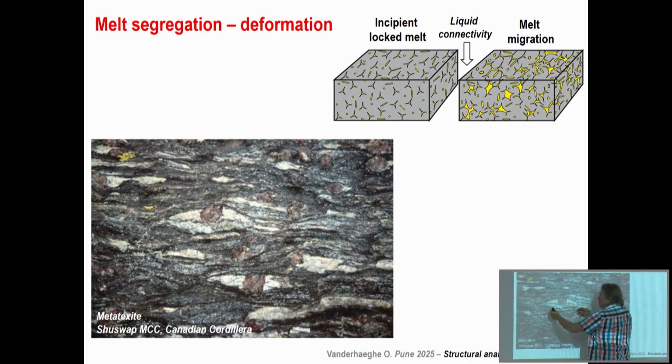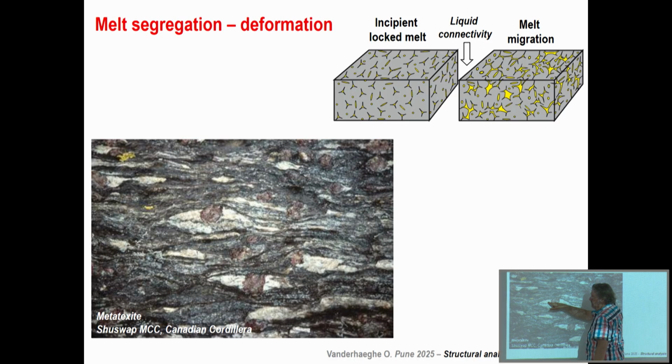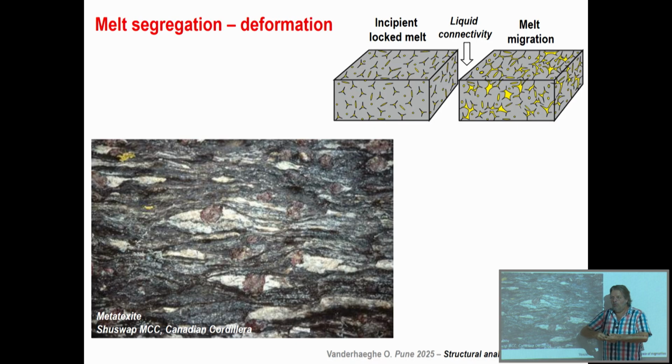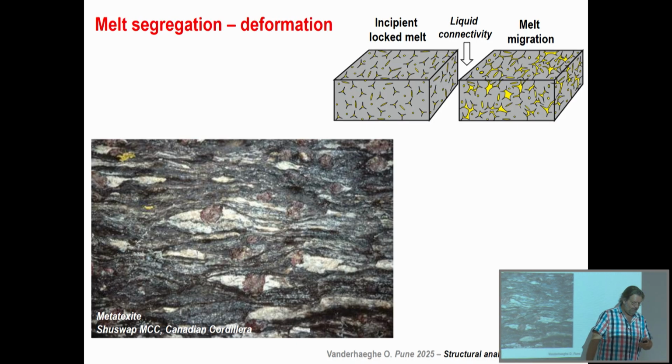That corresponds to the first migration by percolation. In other words, this melt didn't form here. It formed in this rock and was collected at the grain scale by percolation during deformation. So this foliation is not inherited from the protolith. This foliation is recording the process of deformation during melt segregation at the grain scale.